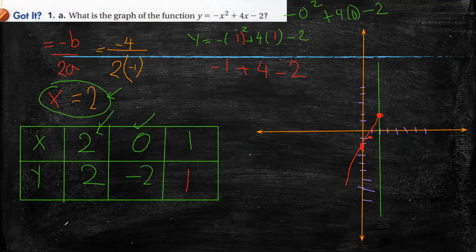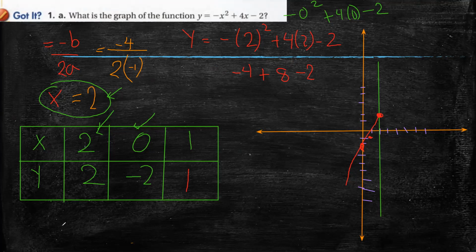Let's repeat it. Negative 2 squared plus 4 times 2 minus 2. 2 squared is 4 times minus, so negative 4. Negative 4 plus 8 minus 2. Maybe you forgot the minus sign. Yes. So negative 4 plus 8 is 4, minus 2 is 2.